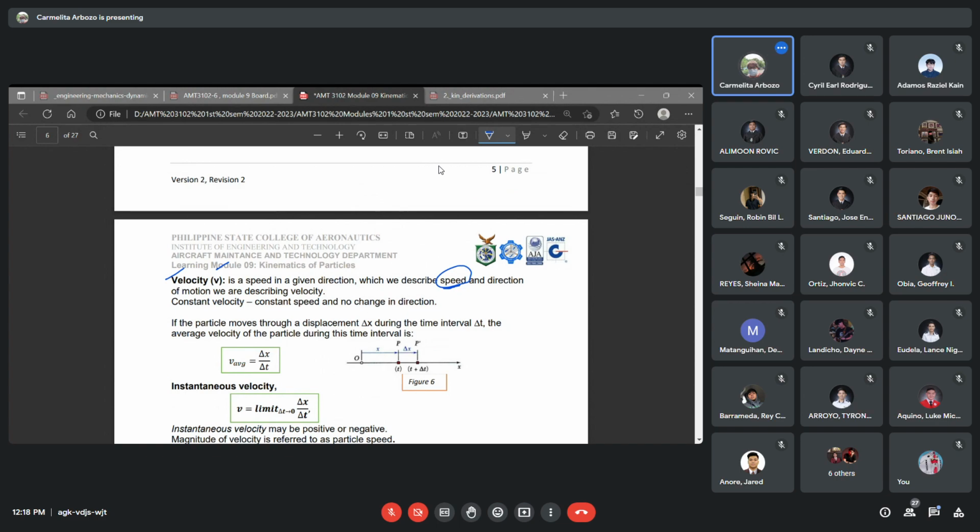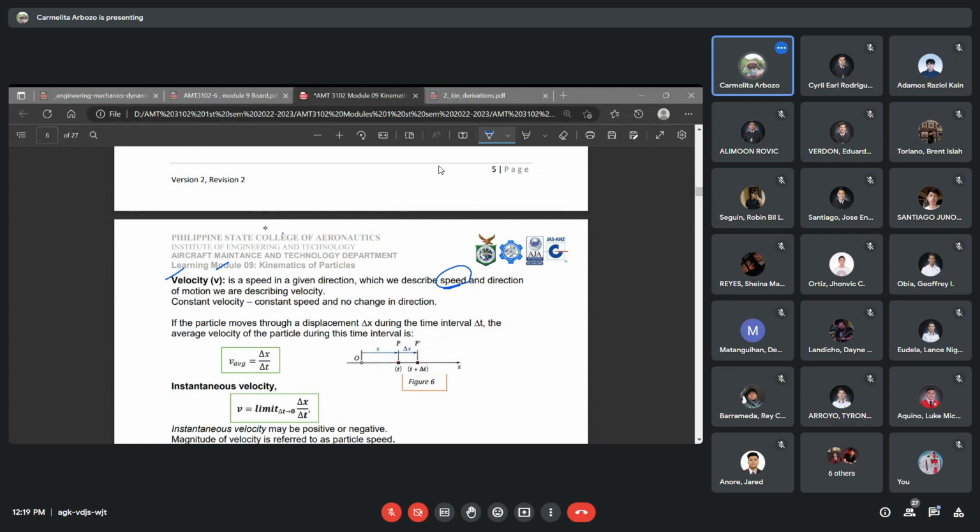Okay, so pag kasama si speed, yung magnitude, at saka yung direction, velocity. Pero kung speed lang na walang direction, magnitude lang siya, then that is only the speed.